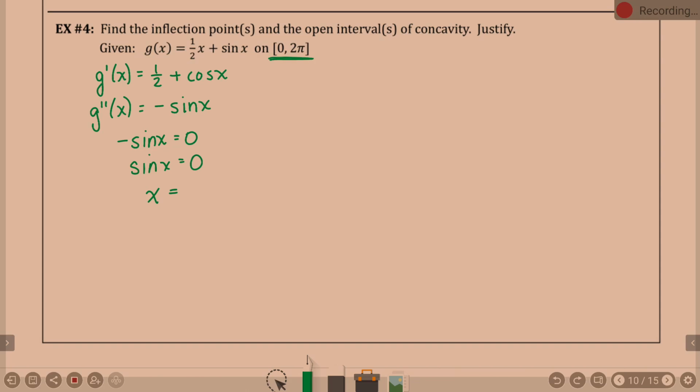Which means we need to give 0, pi, and 2 pi. They're the same point. Technically, they're on the same point in the unit circle, but on a graph itself, no, because remember the graph goes on infinitely. That graph oscillates infinitely.